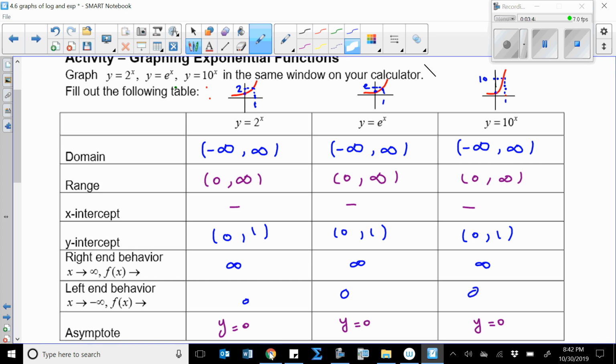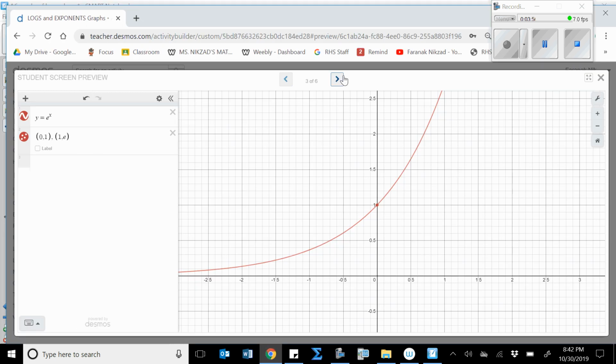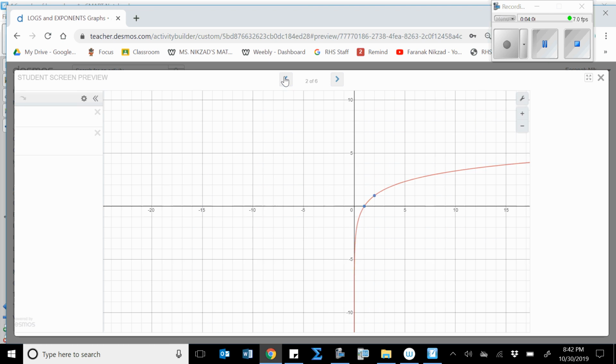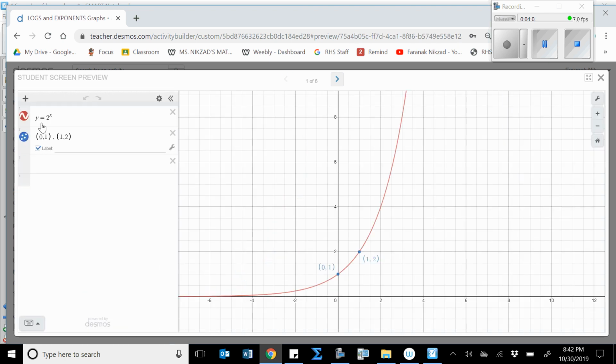The only thing that I want you all to pay attention to is the point (0, 1) and (1, base) that you see here; I have written them for all these functions. For example, for 2 to the x, I have written (0, 1) and (1, 2). What are these 2 points? (0, 1), as we just talked about, is the y-intercept of the function.